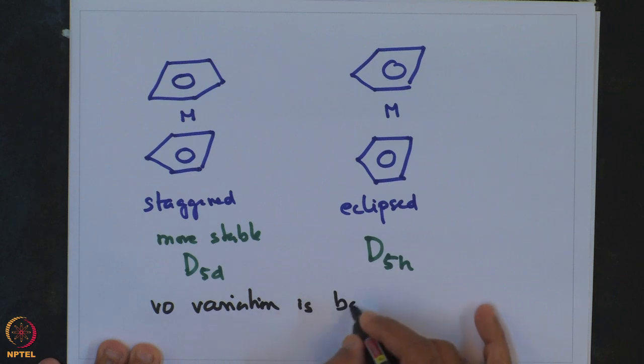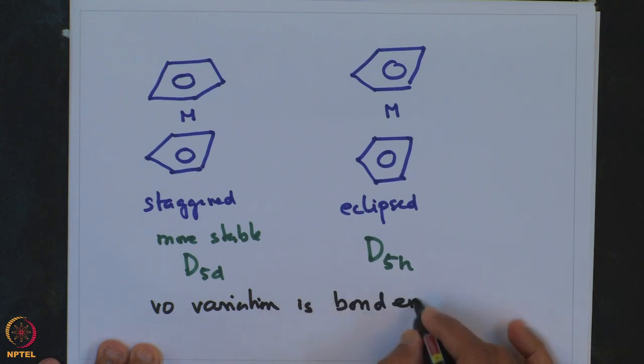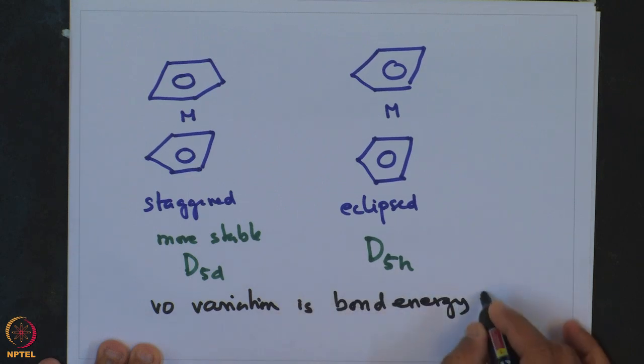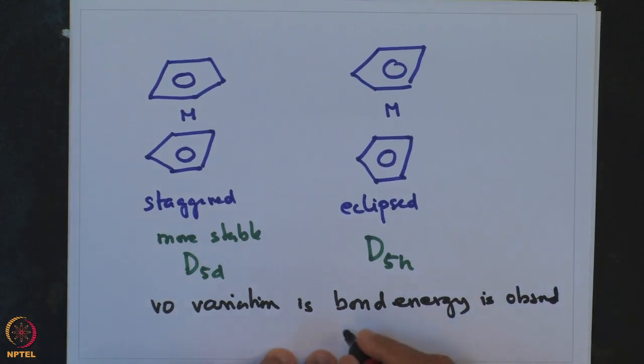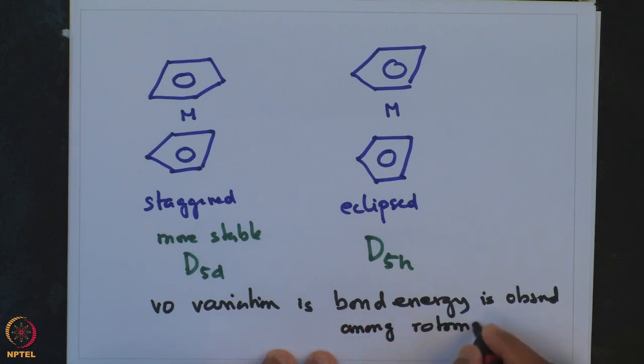No variation in bond energy is observed among rotamers, eclipsed or staggered. Okay.